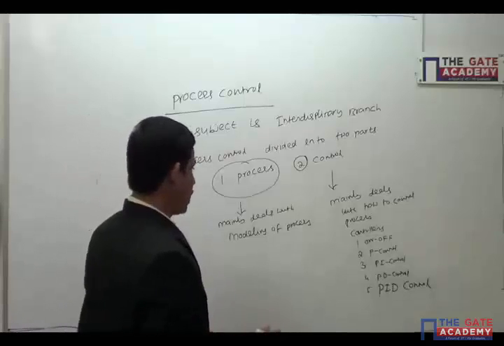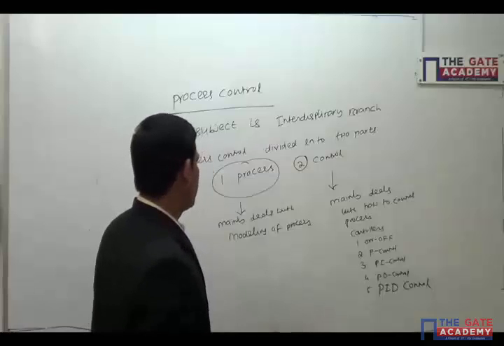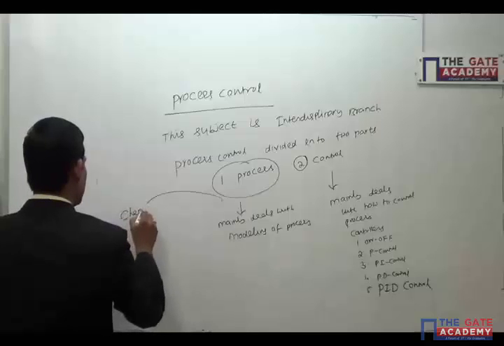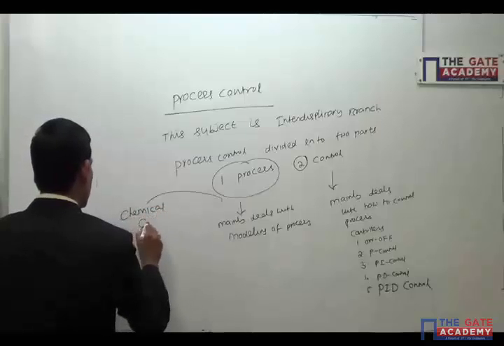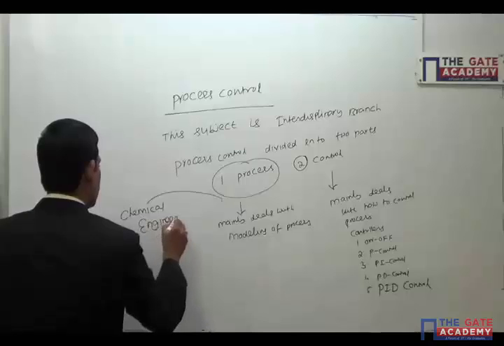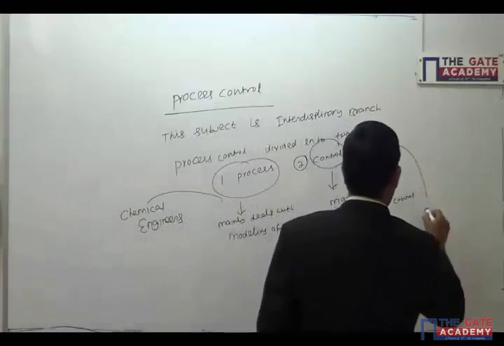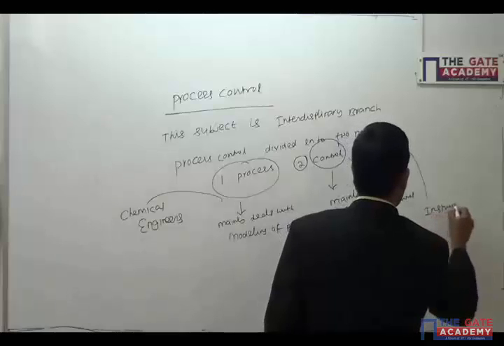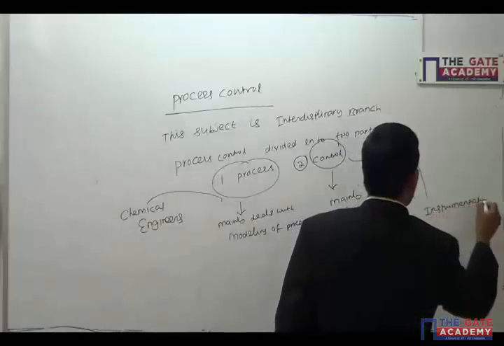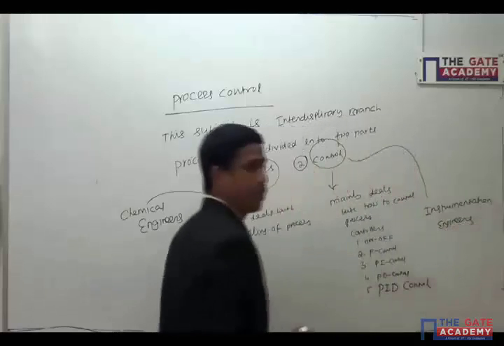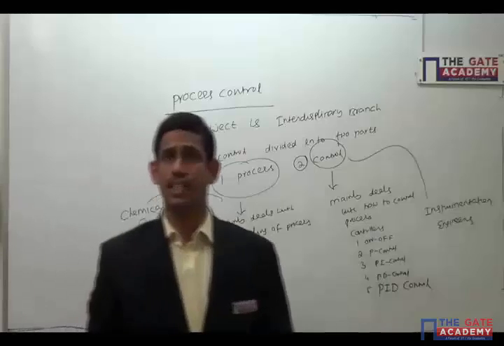So this is the thing regarding the subject. This is mainly an interdisciplinary branch. Process mainly deals with the chemical engineers. Control mainly deals with the instrumentation engineers. Actually, the subject is mainly an interdisciplinary branch.